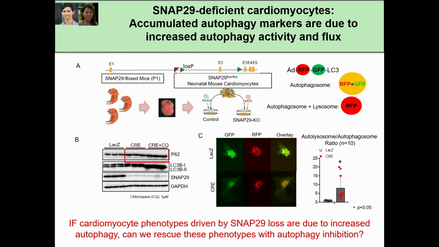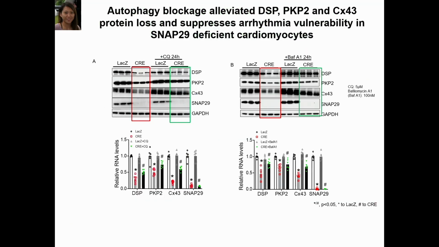And so if the cardiomyocyte phenotypes driven by SNAP29 loss are due to increased autophagy, can we rescue these phenotypes with autophagy inhibition? These are some of the studies we did to show that, again, with loss of SNAP29 in baseline settings, you can see loss of desmoplakin, plakophilin-2, and connexin 43.